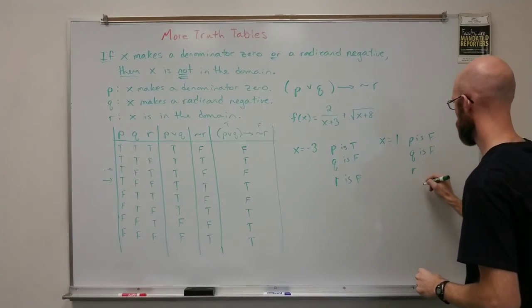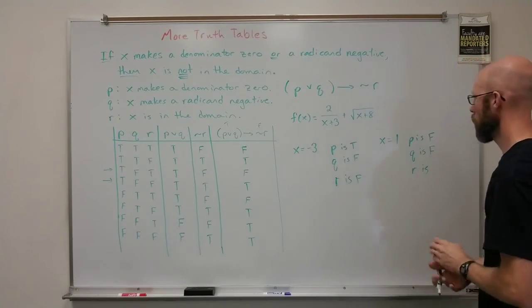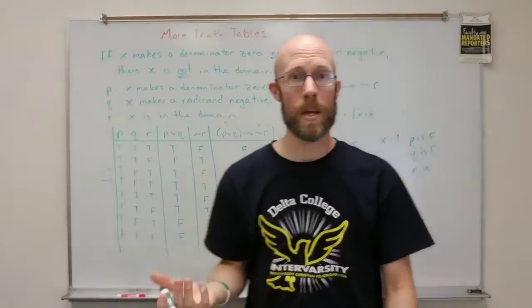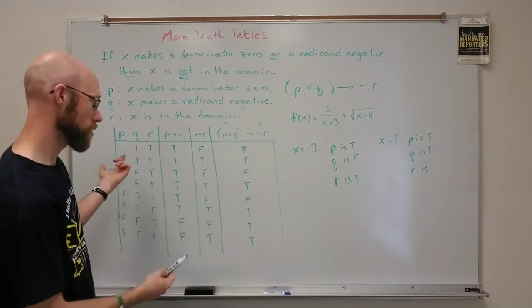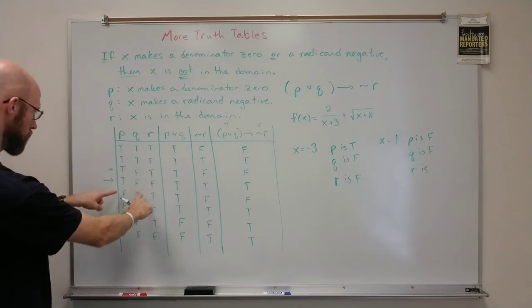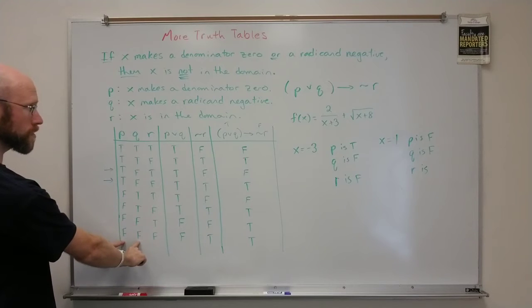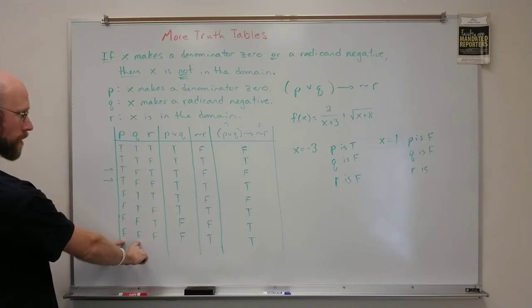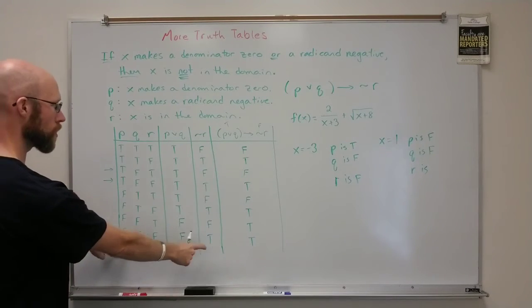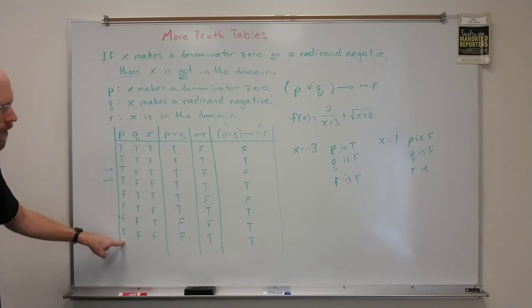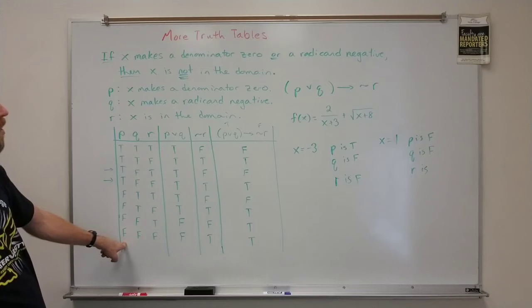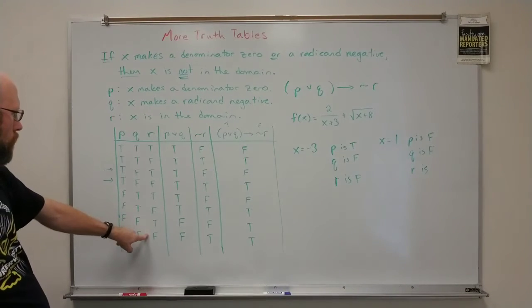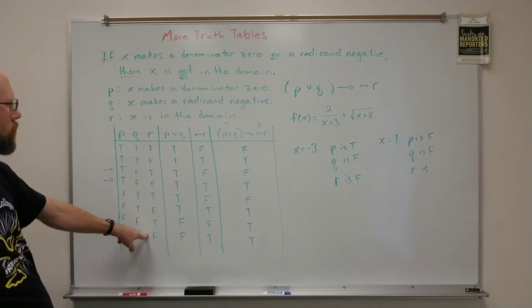And R, well, in order to make this statement true, R would, let's see, if both are false, right? False, false for P and Q, then how do I make the statement true? Well, it's interesting. The statement is true regardless of the truth value of R, whether x is in the domain.